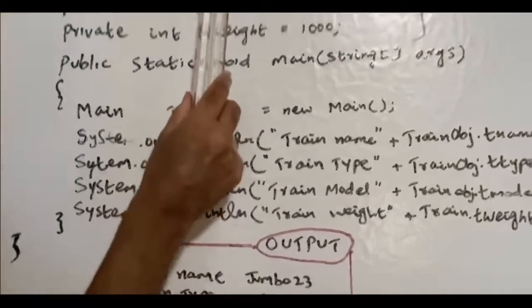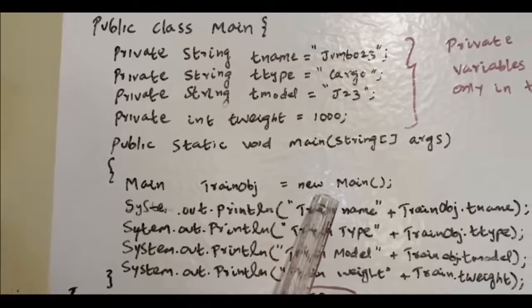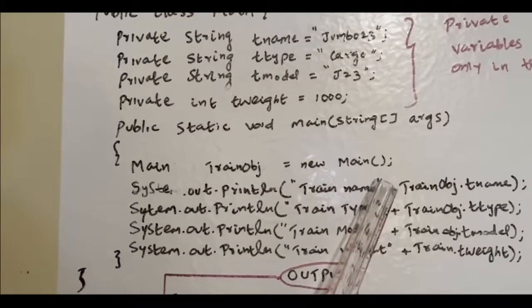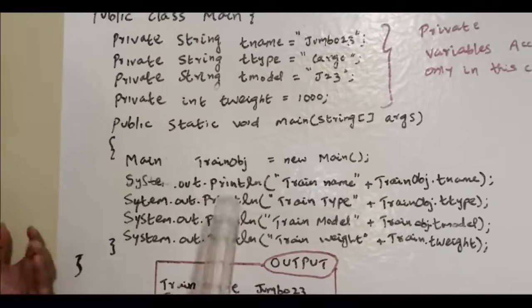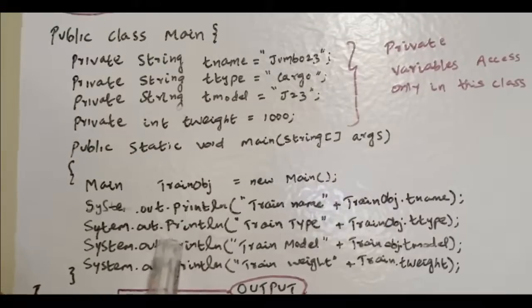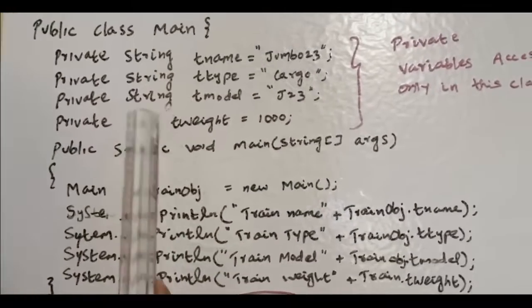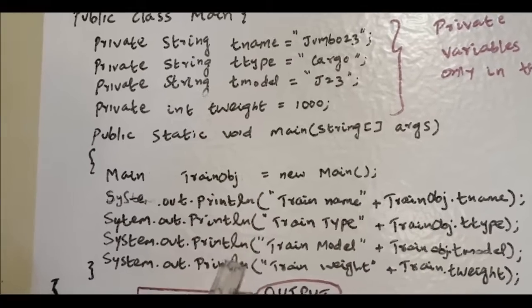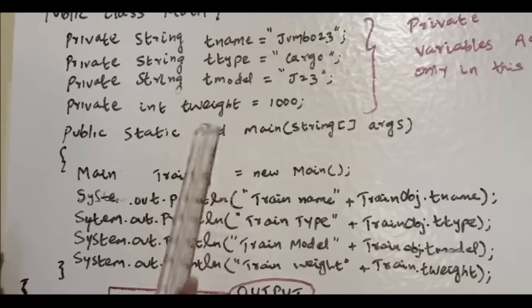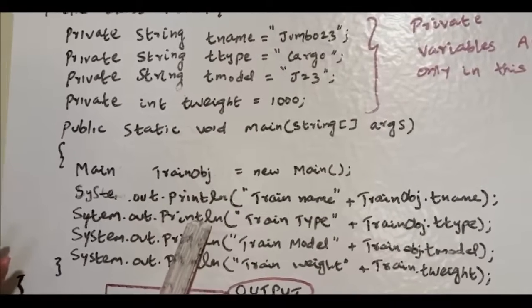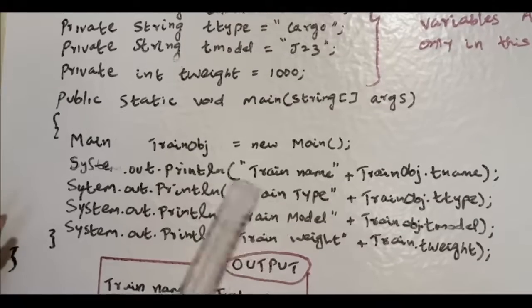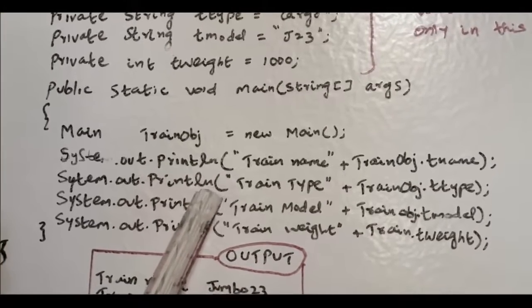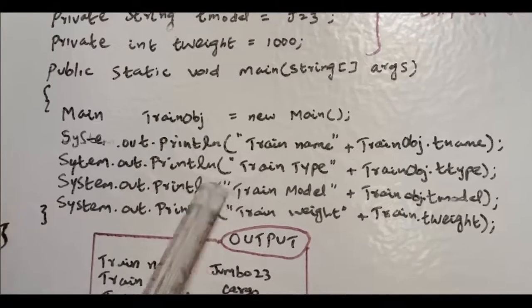Main is this main class, equal to new main. This is how you create or instantiate an object. The object lifecycle is: you declare an object, instantiate it, use the variables, and manipulate the variables of the object in the remaining part of the code.